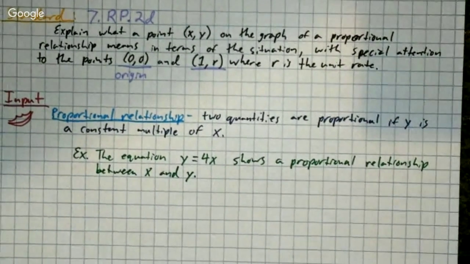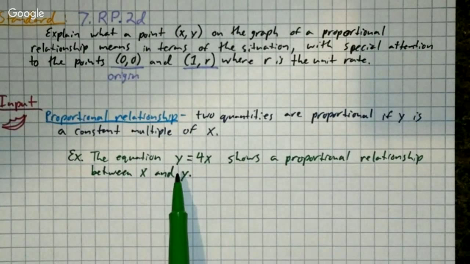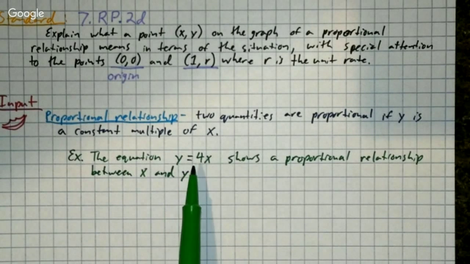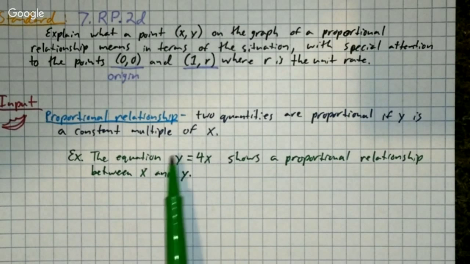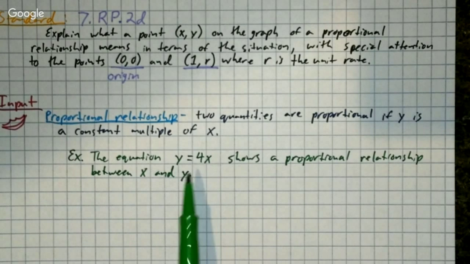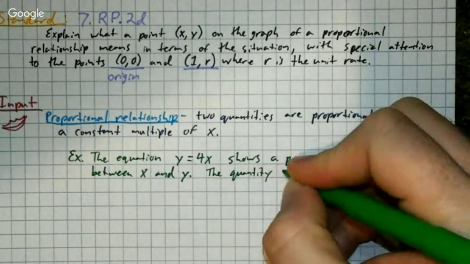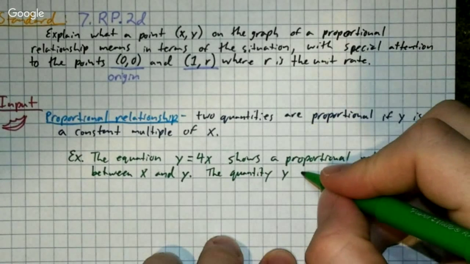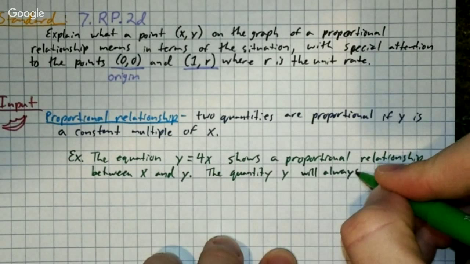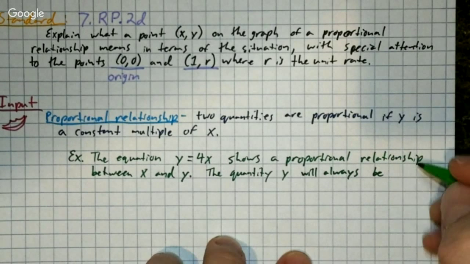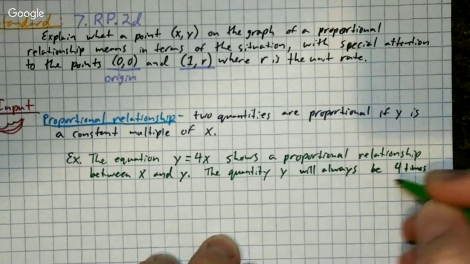So when we're looking at this, this equation is saying that y equals 4x. Y will always equal 4 times x. No matter what numbers you put in there, it needs to satisfy this equation, so y will always equal whatever you put for x, times 4. So the quantity y, let's write that down, will always be 4 times that of x.